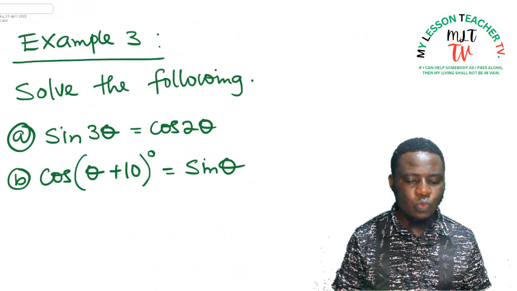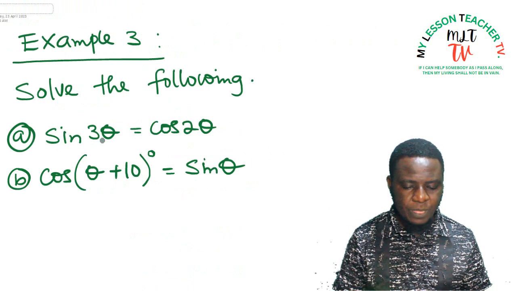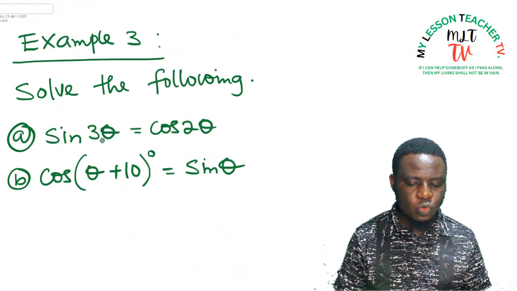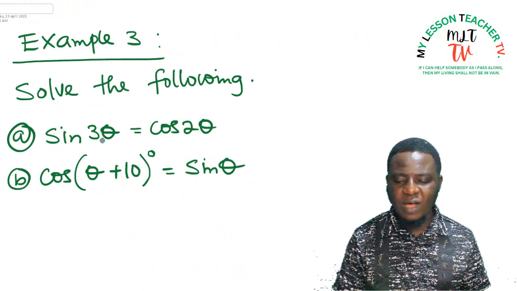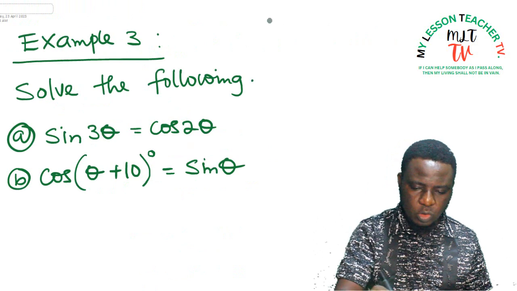Example 3 says we should solve the following. A says sine 3 theta is equal to cos 2 theta. We should find the value of theta. Solution.